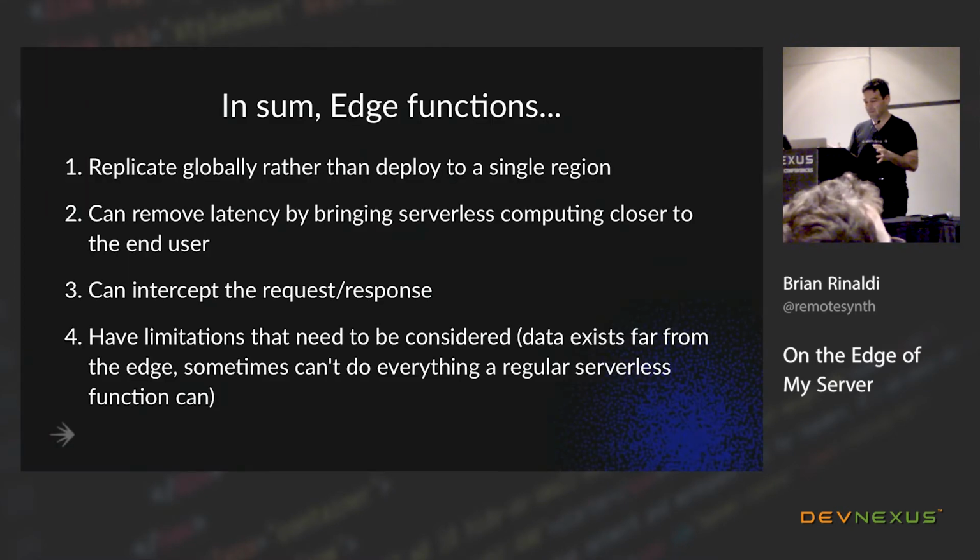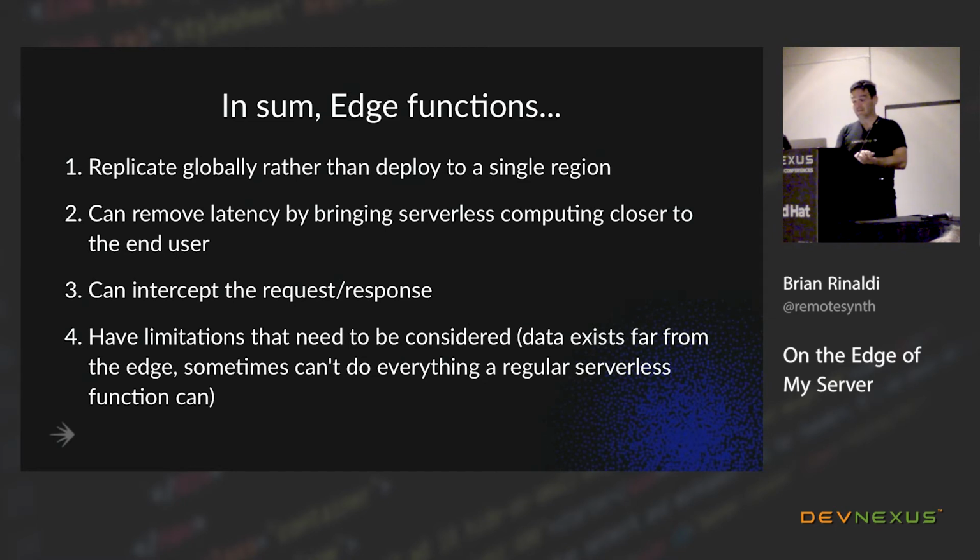So to sum up this piece, edge functions replicate. I cannot say that word. Replicate globally, rather than deploy to a single region. This is one of the key differences from your serverless functions. Your regular serverless functions are deployed to a single location. They're not replicated. These are replicated to all the CDN nodes, or edge nodes, depending on which provider you choose.